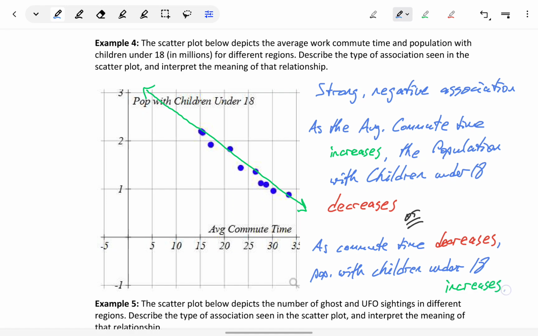So that's, again, if we read that graph backwards from right to left. But what's important to note is that when we talk about the type of association, if the association is negative, then those two variables change in an opposite manner. If one is increasing, the other is decreasing, and vice versa.